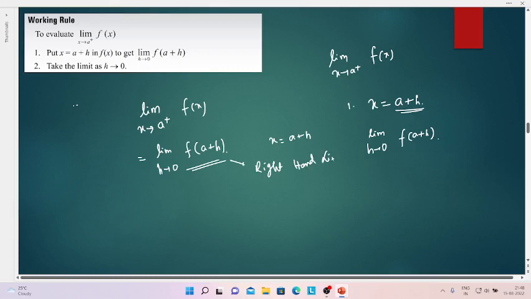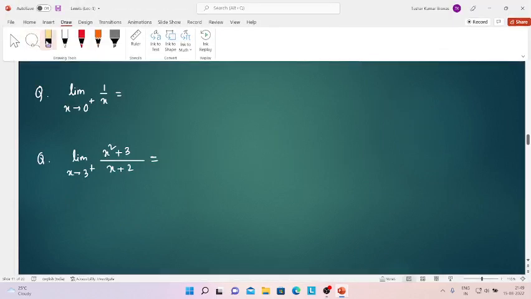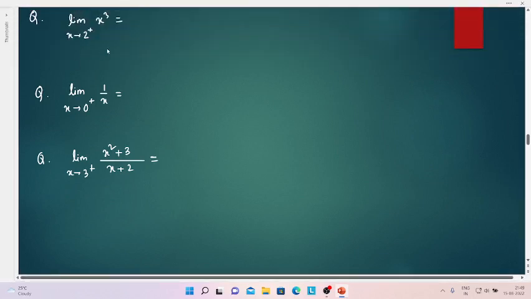So you can understand we just substitute x equals a plus h, and then the limit changes to the limit as h tends to 0 of f(a plus h). Okay, so let's move to some questions so that you can think about it more deeply.